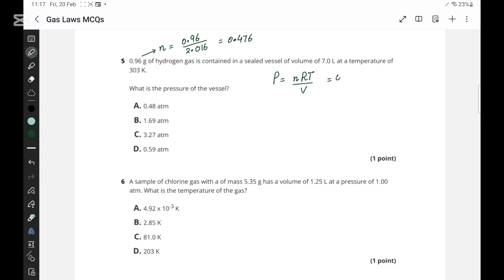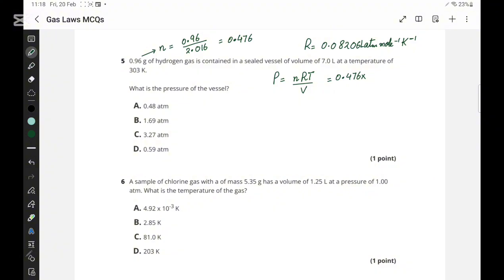n is the number of moles, which is 0.476, and R is going to be the value, that is 0.08206 liter atm per mole per Kelvin. Why are we using this unit?